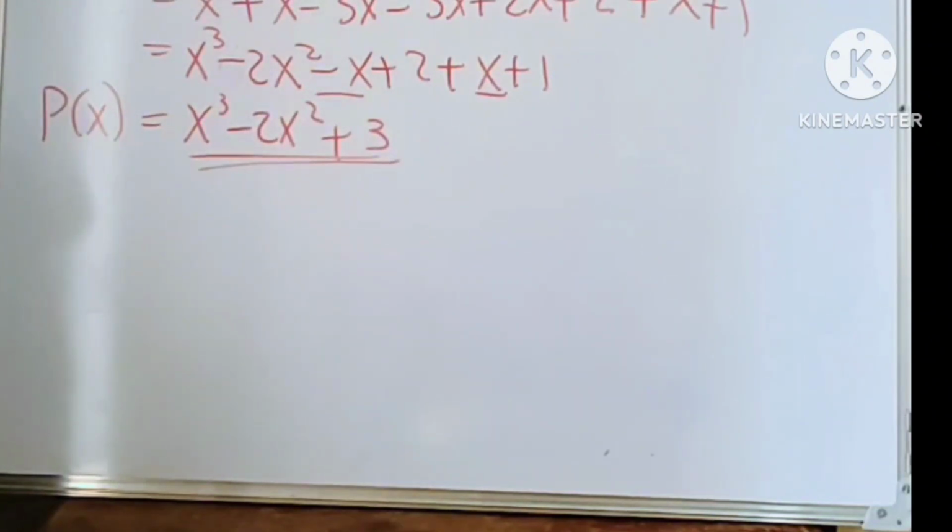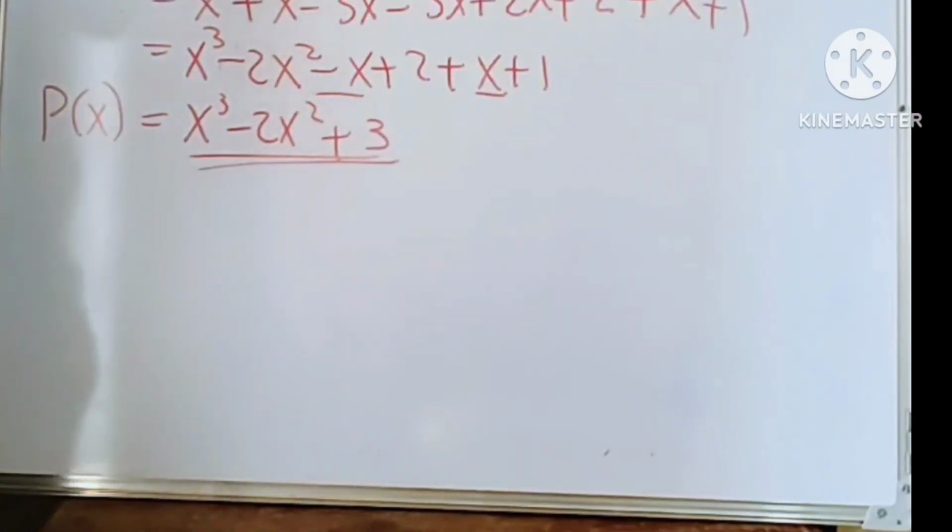Now they're asking us to show that it has no other real root. So it certainly has just one real root and no other real root. So how do we get the root of a polynomial? It's by dividing that polynomial by its factor.